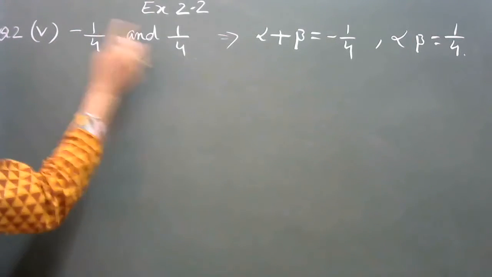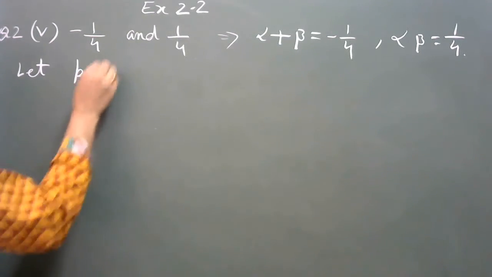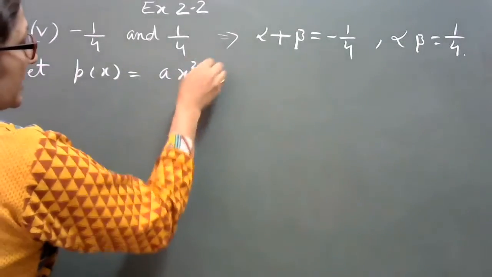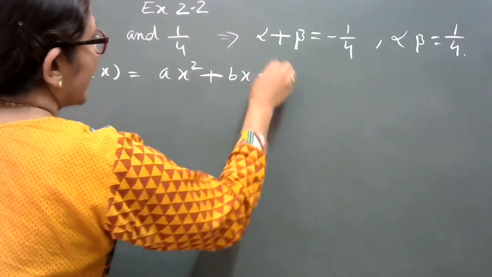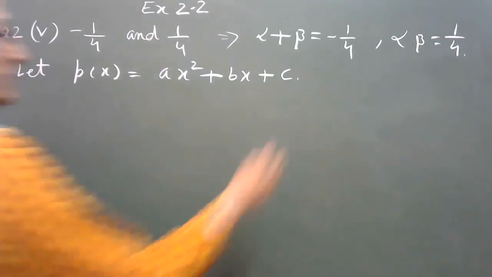It is sum of zeros and it is the product of zeros. Now apply the relation. So before applying the relation, we will suppose here, let px is equal to ax square plus bx plus c be the required polynomial.